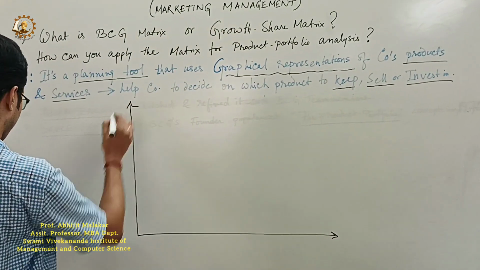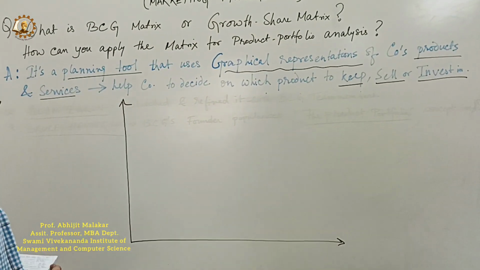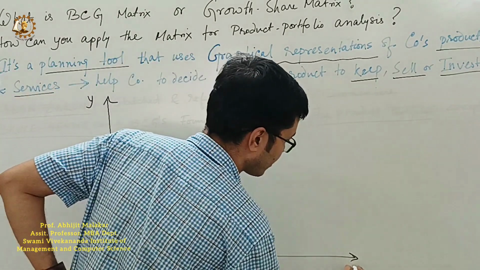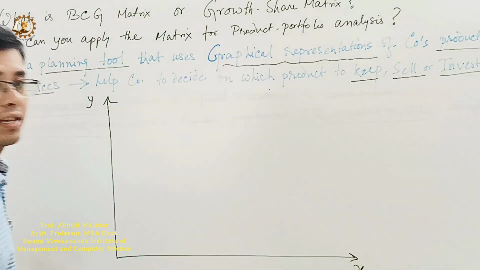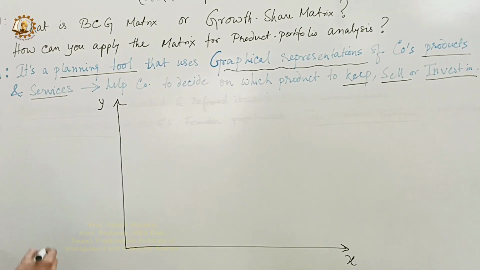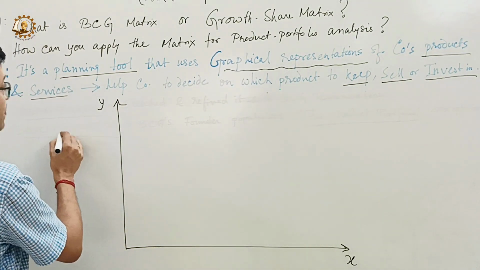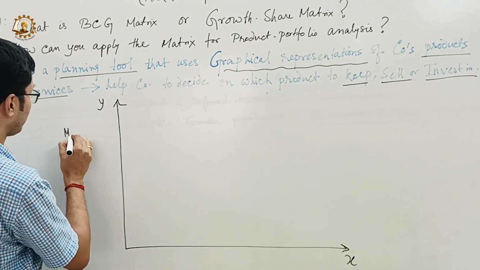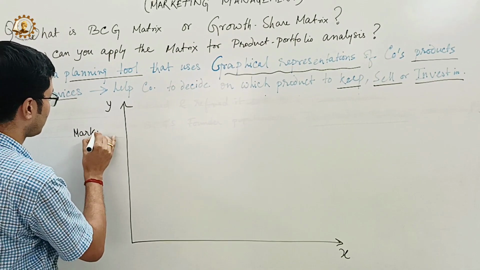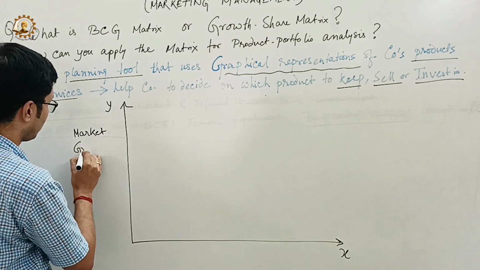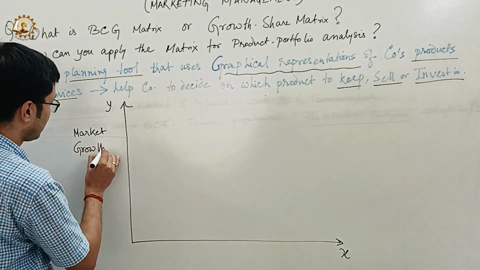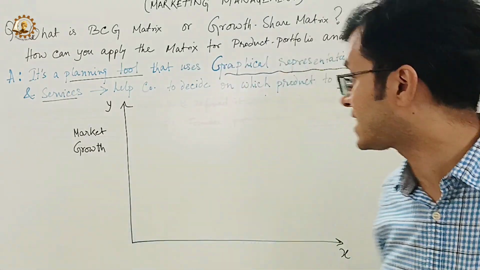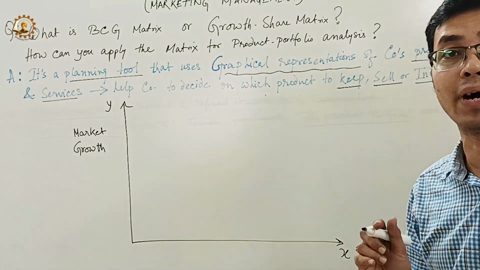This is the y-axis and this is the x-axis. Here we are going to take the variable market growth in the y-axis, and in the x-axis we are going to take relative market share.